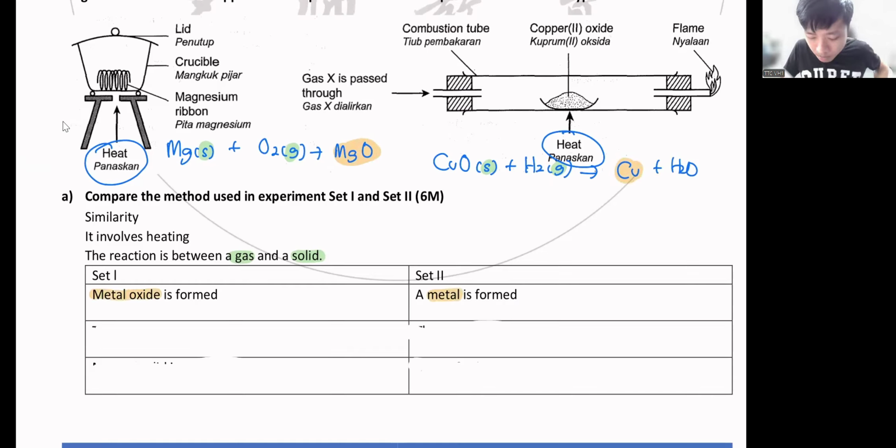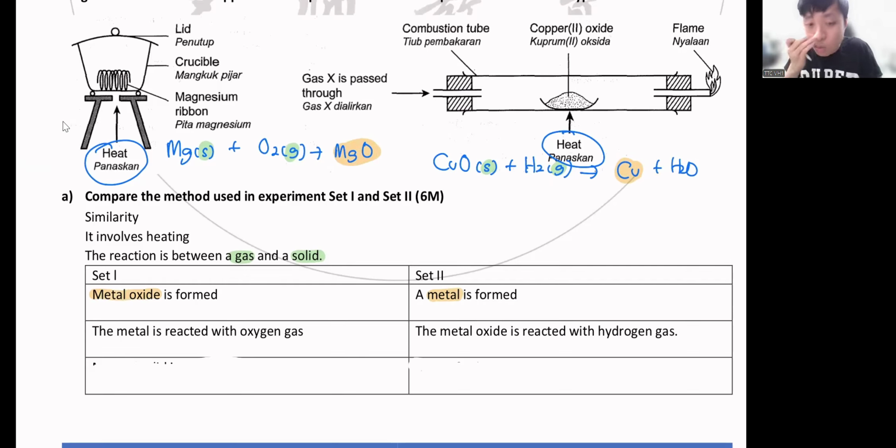Okay. Then you can say that very obvious one. One reacts with oxygen gas, one reacts with hydrogen gas. One more, you can say the mass. Now, for the magnesium experiment, the mass you get is heavier.